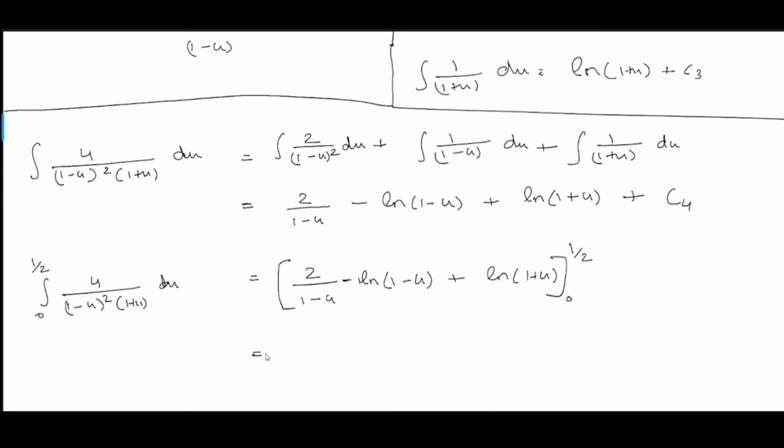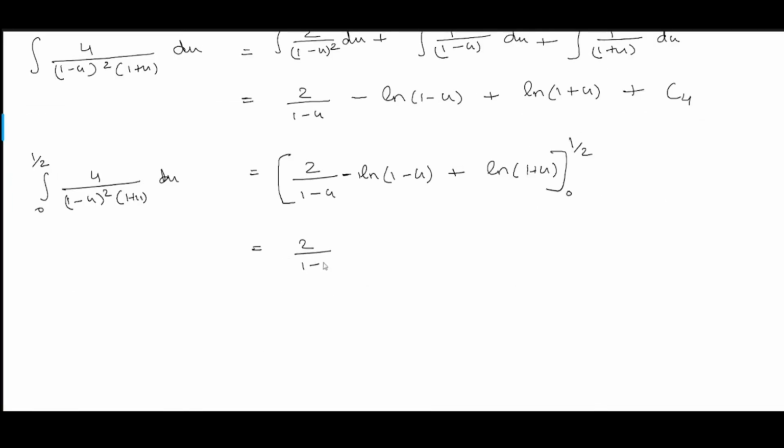That works too. Now we have 2 by 1 minus 1 by 2, minus ln of 1 minus 1 by 2, plus ln of 1 plus 1 by 2, minus the lower limit, which is just 2, because here u is 0, so minus ln 1 plus ln 1.